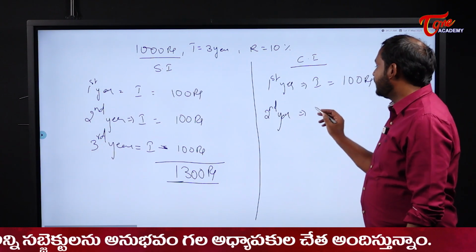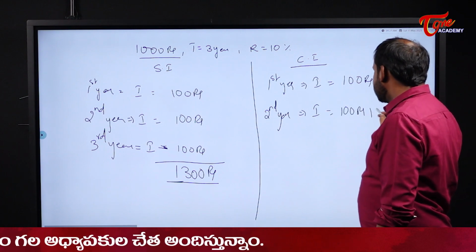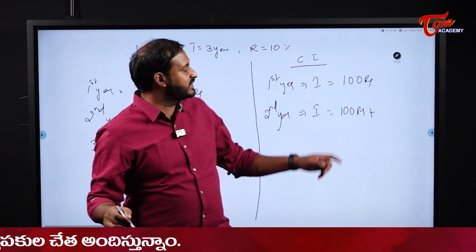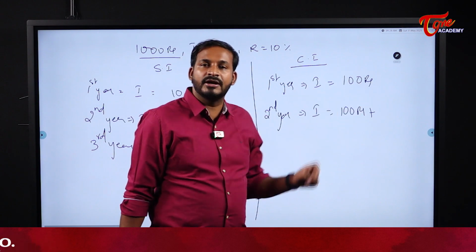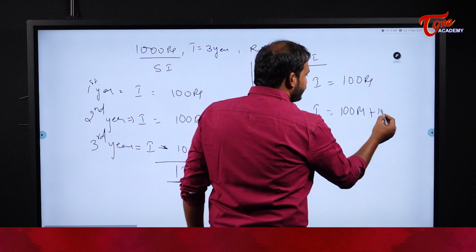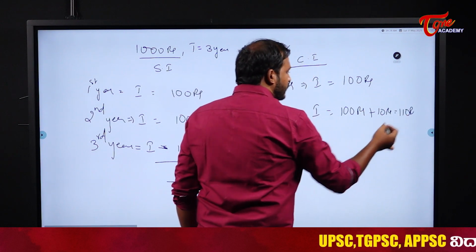What is the interest I will get on principal? As usual, 100 rupees, plus the interest earned in the previous year, which was 100 rupees. What is 10% of 100 rupees? 10 rupees. That means in the second year, I will get 110 rupees.